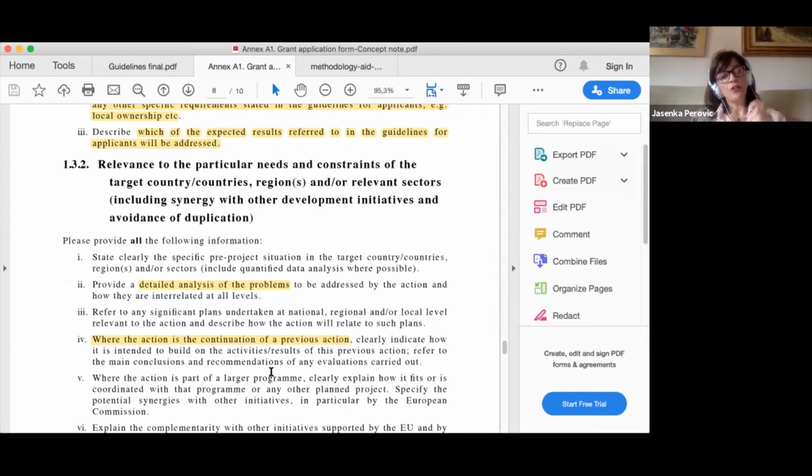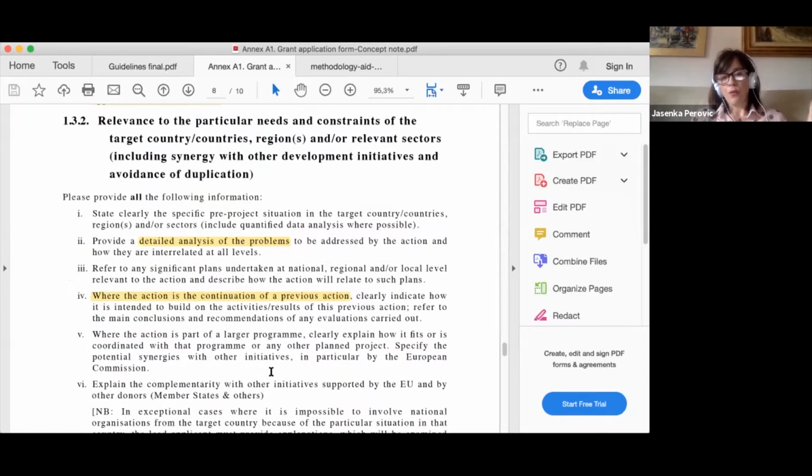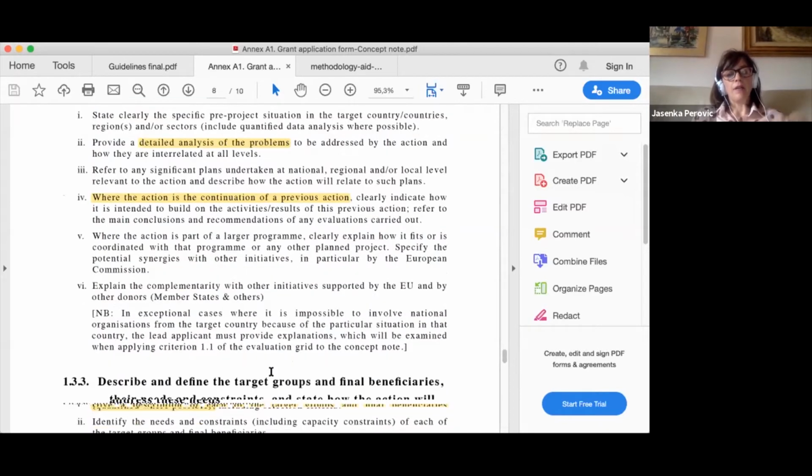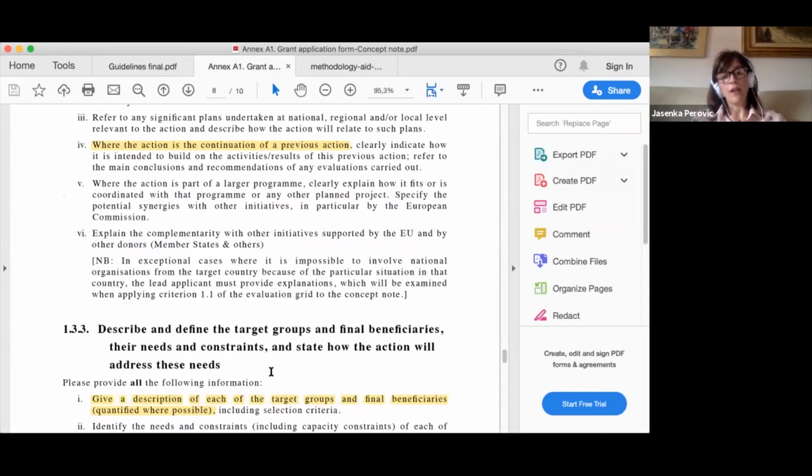If your action is a continuation of a previous action, you have to show some linkages. If it is part of a larger program, again, clearly explain how it is part of this larger program. Explain the complementarity with other initiatives supported by the EU, and so on. 1.3.3 again is really focusing on the target groups and the final beneficiary.